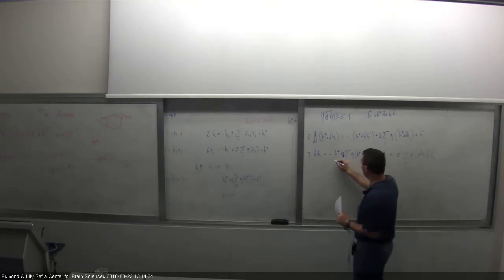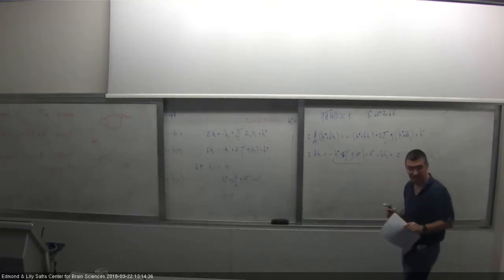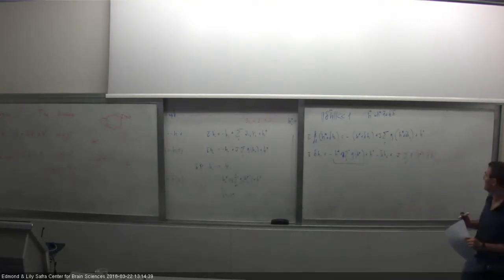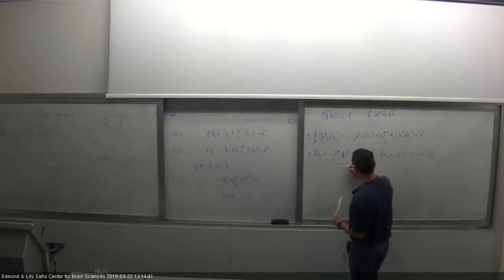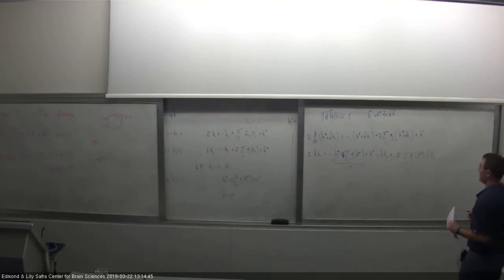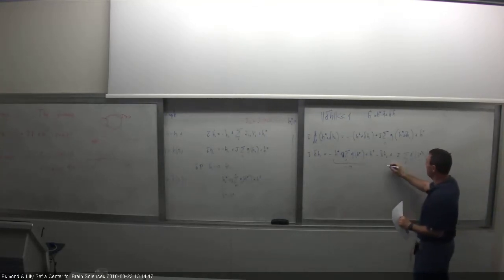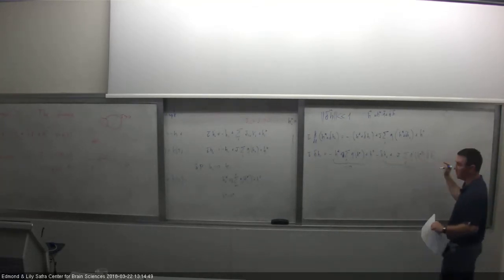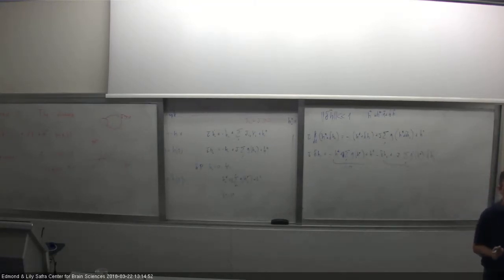As before, the zeroth order is the fixed point equation, so this is equal to 0. And here we only have linear elements in delta H.